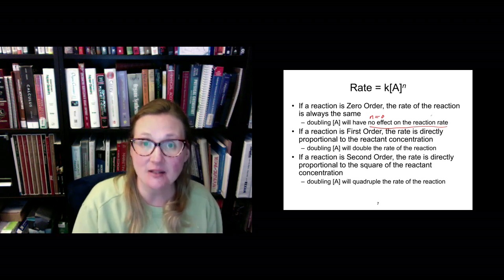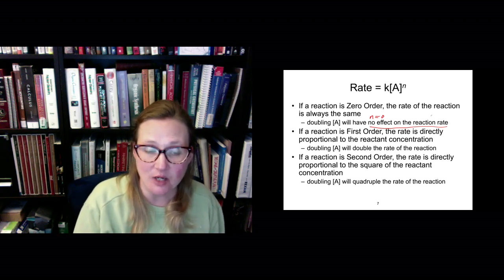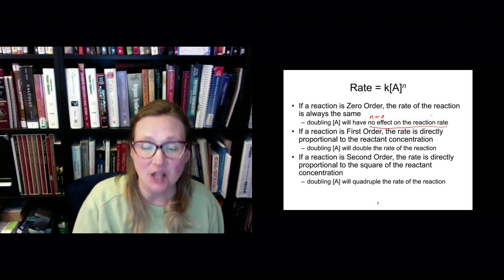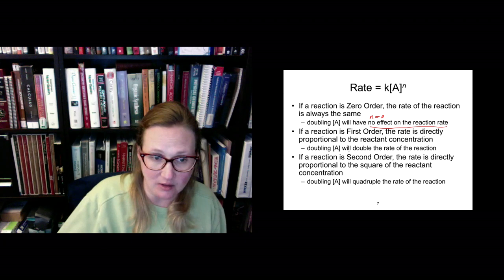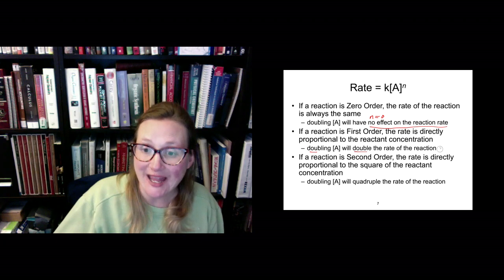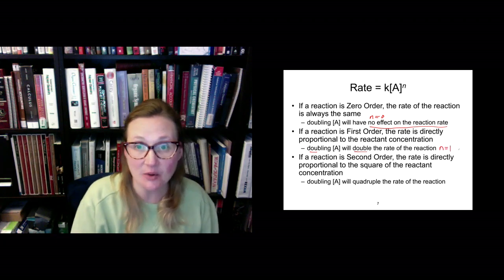Okay, so that means it's zero order. In the second reaction, doubling the concentration of A doubled the rate of reaction. All right, and so that means it's first order, where n here equals 1. So our exponent there is equal to 1.